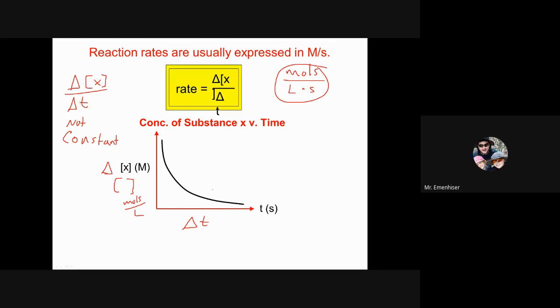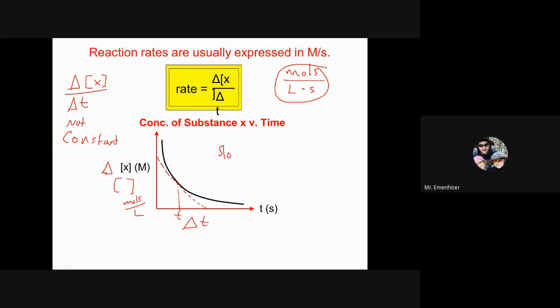Okay, now how can we find an instantaneous rate? We can put a tangent line on here, which is a line that only touches that point. So if I wanted to know the concentration of a reactant at this time t, whatever it is, I could put a point there. I could make a line at that point where it touches the graph only at that point, and then I can get the slope of that line.